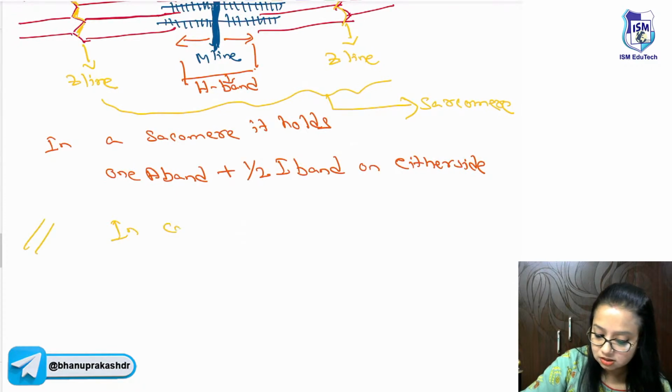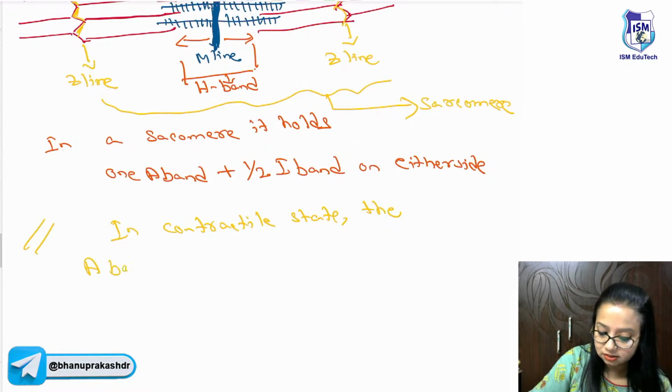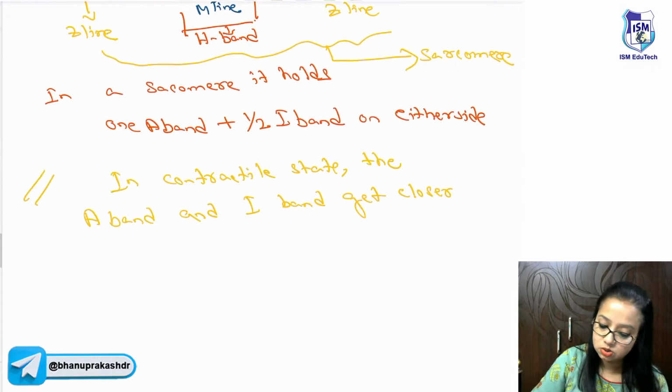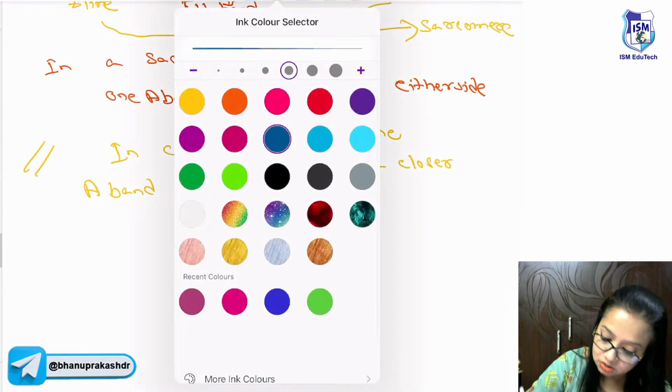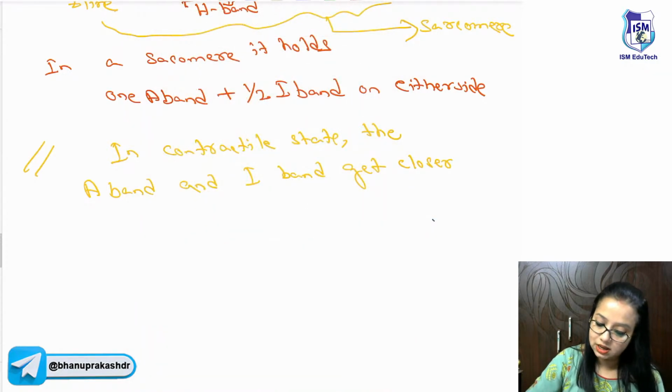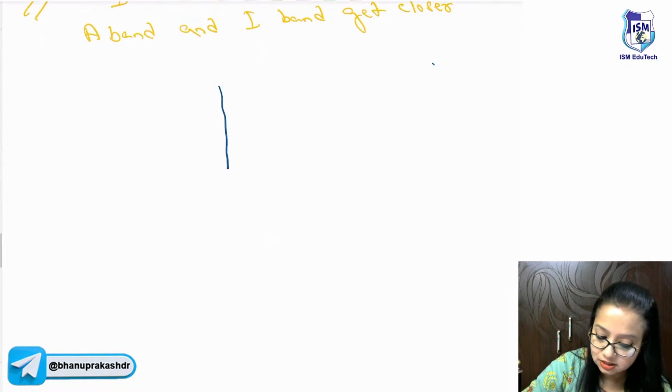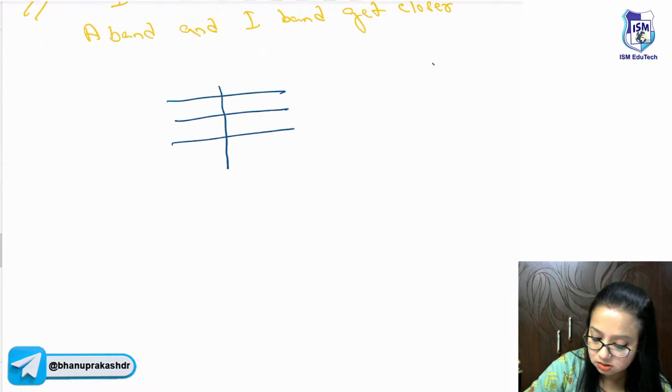In the contractile state, the A band and I band get closer. So how do they actually look? In the contractile state, they look like this.